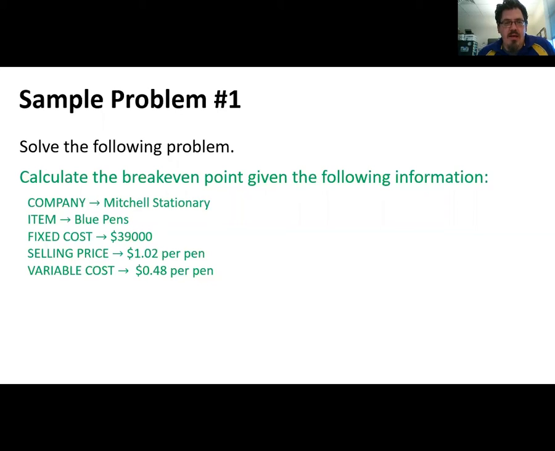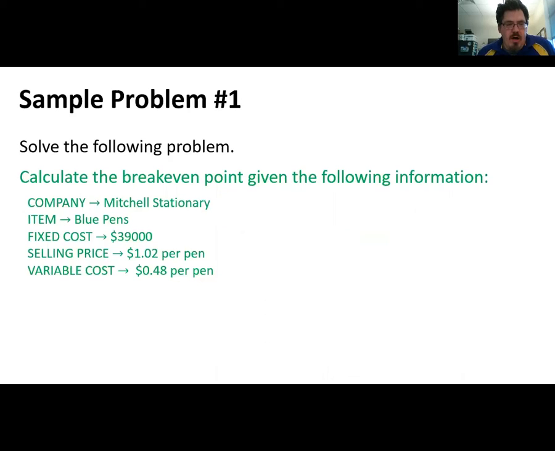It might be things like utility bills, other things that are associated with running a business that stay pretty consistent from day to day. So in this situation, the fixed cost is $39,000. Okay? Now, each pen is going to be sold for $1.02 per pen.